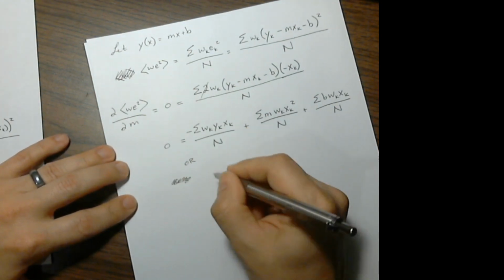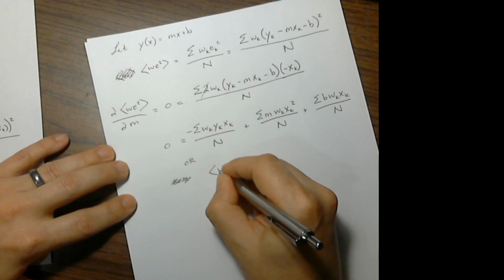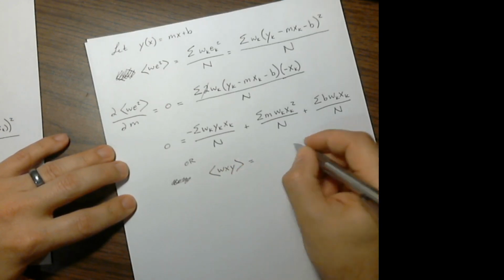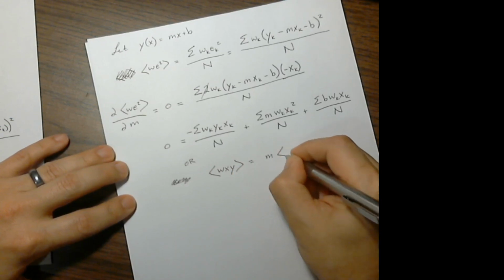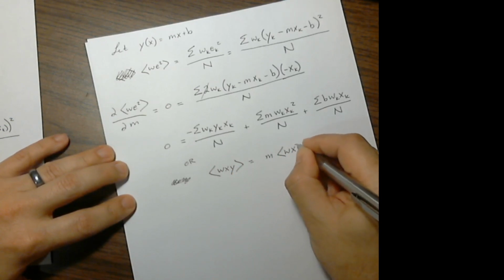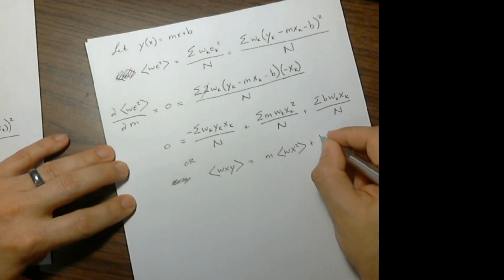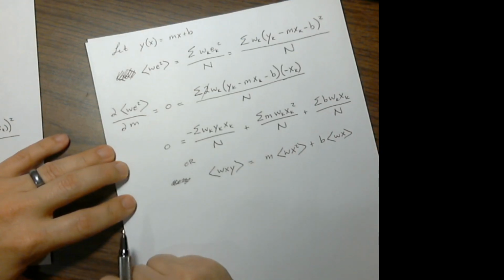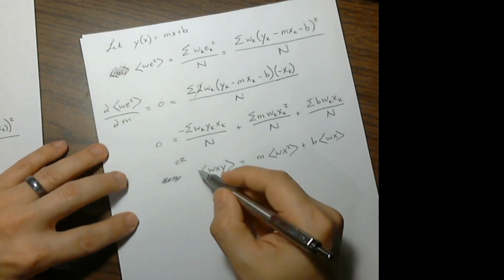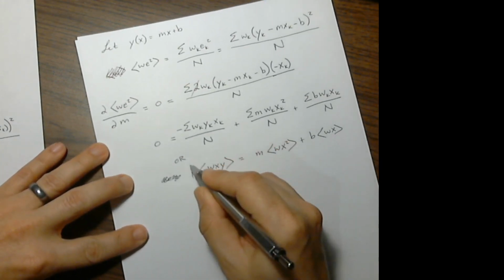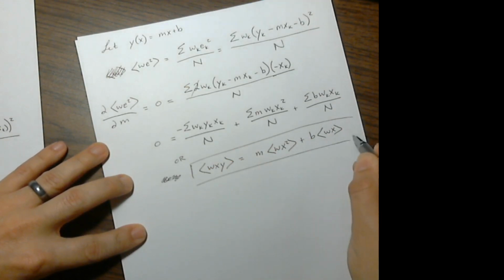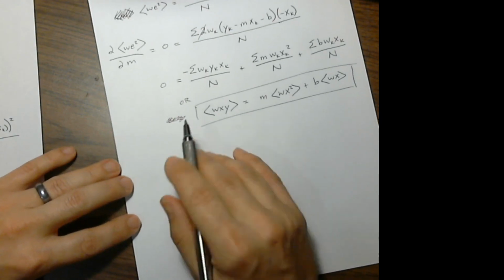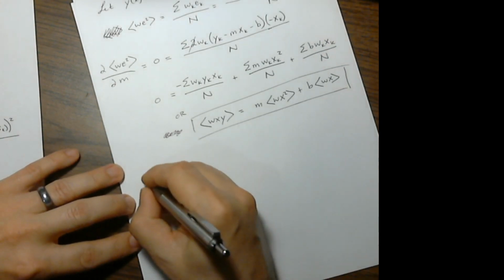Let's get rid of that. All right, we did it. We got our first equation for dealing with a weighting factor. Let's do it again. Let's do it for b.